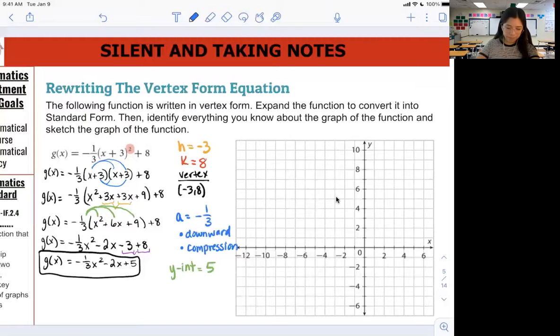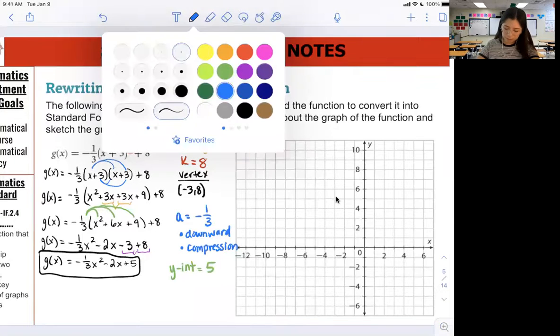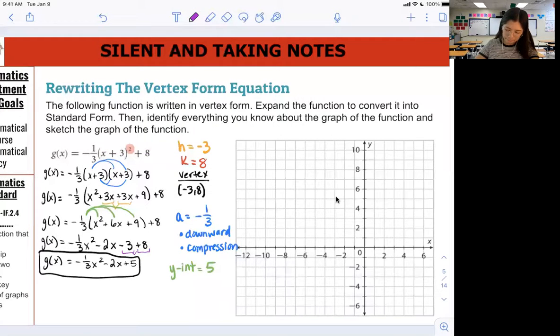So let's go ahead. The vertex is negative 3, 8. My y-intercept is 5. I'm going down, and it's going to look really wide. Whatever happens on the right side happens on the left side.